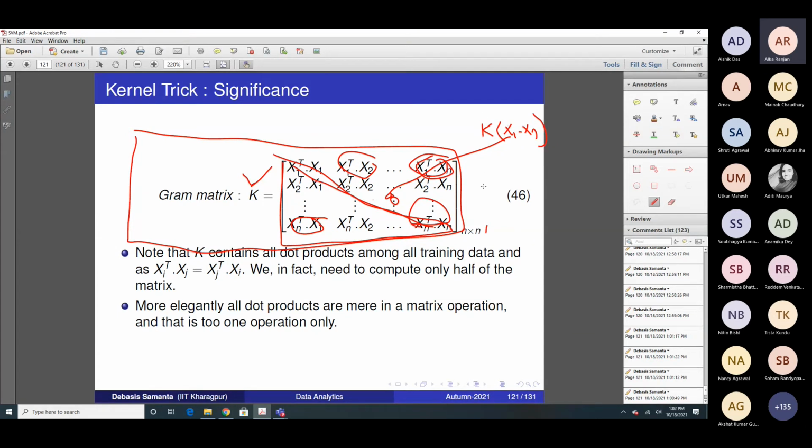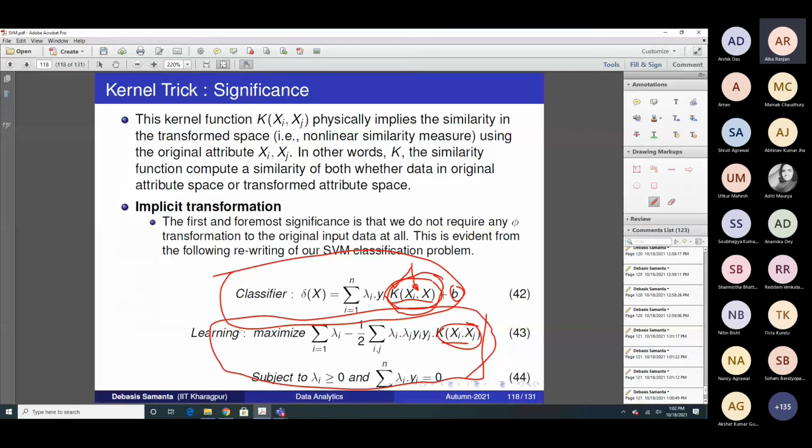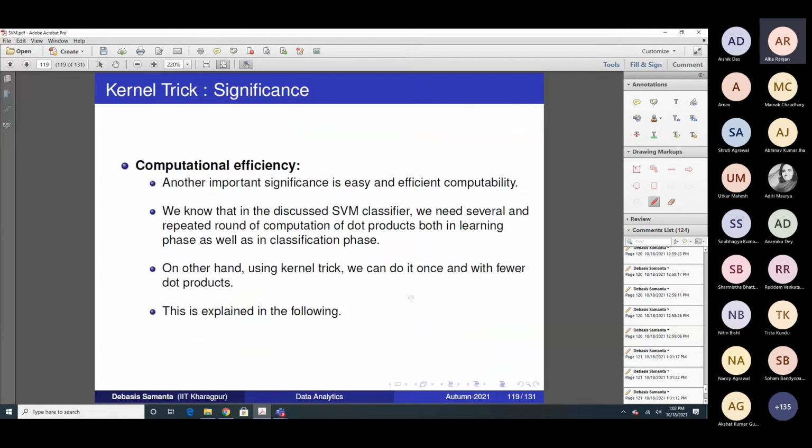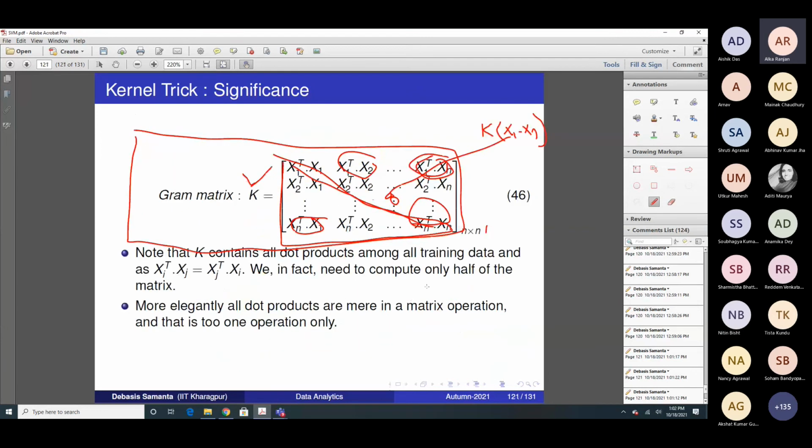So knowing this kernel function, we can have the Gram matrix which will store the K computations, and these K values will be used for your classification tasks. So the classifier will need only the K values which can be obtained from the Gram matrix.